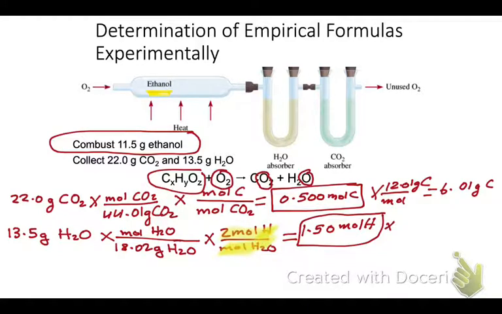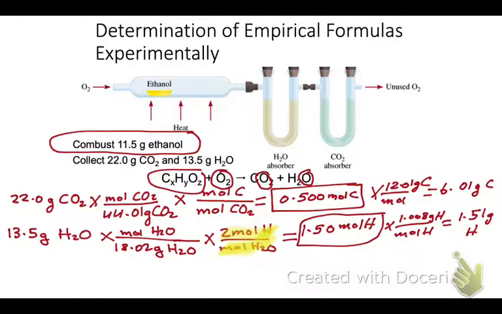And I can do the same for hydrogen. I can say there is 1.008 grams of hydrogen for every 1 mole of hydrogen. And if I multiply that by 1.008, that will give me 1.51 grams of hydrogen.